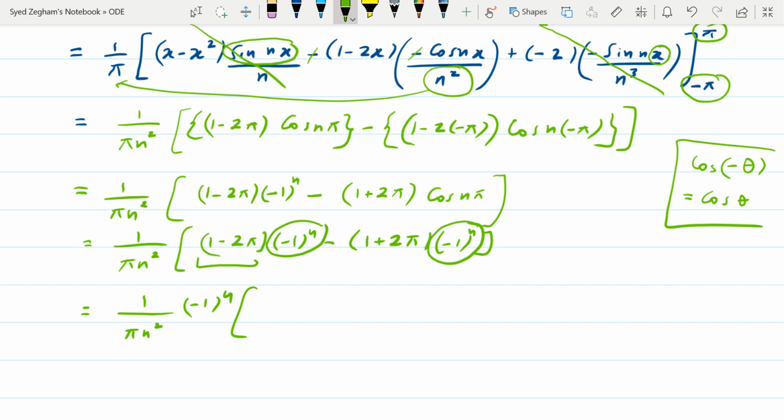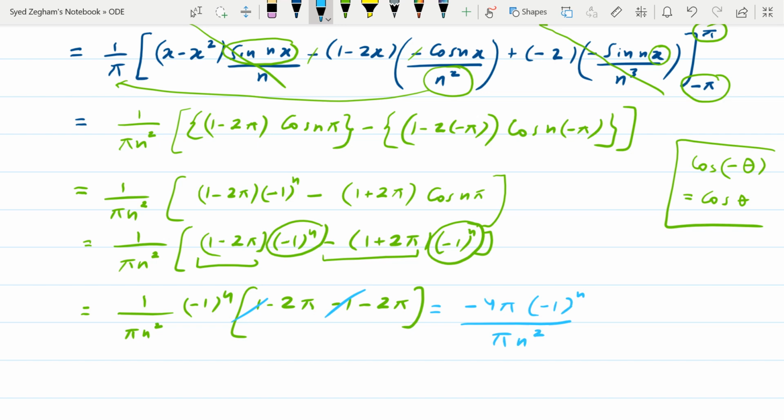Now inside we are left with 1 minus 2 pi, and we are left with minus 1 minus 2 pi. So this minus 1 and plus 1 will cancel, and finally you are getting minus 2 pi, that will become minus 4 pi, then minus 1 power n is there, and in the denominator we have pi n square.